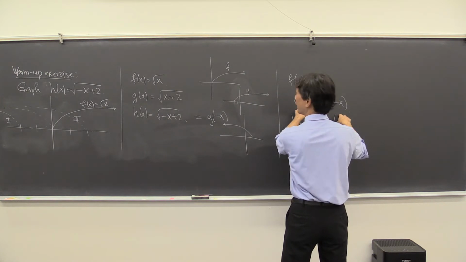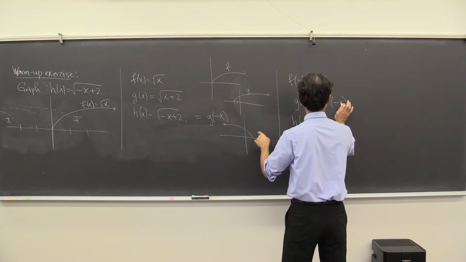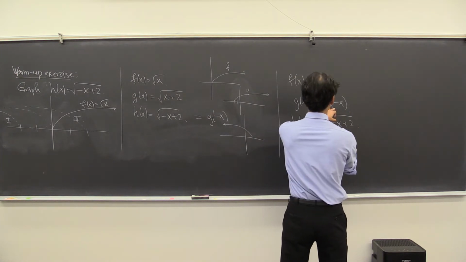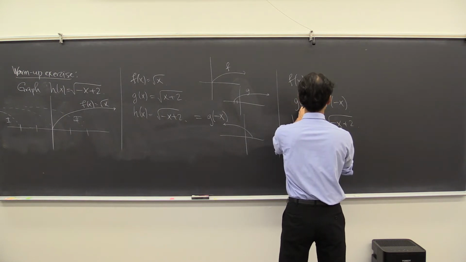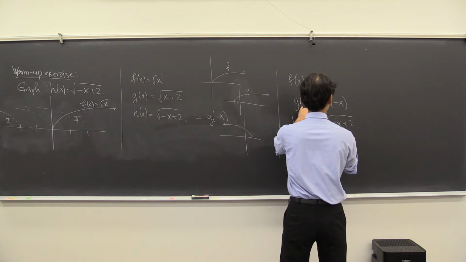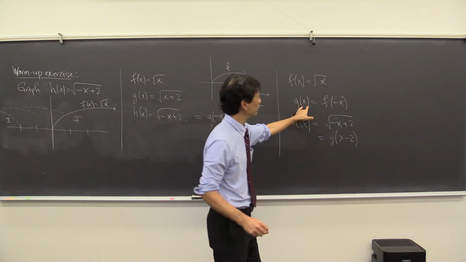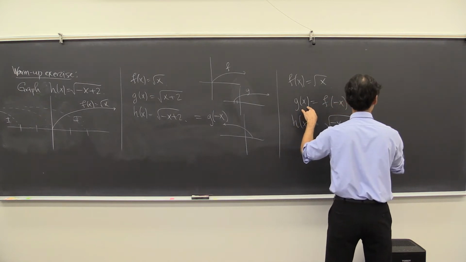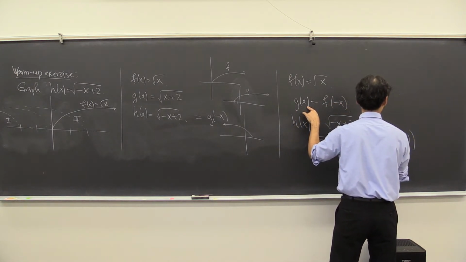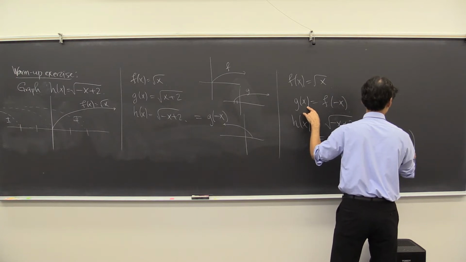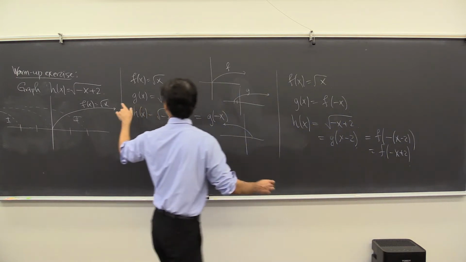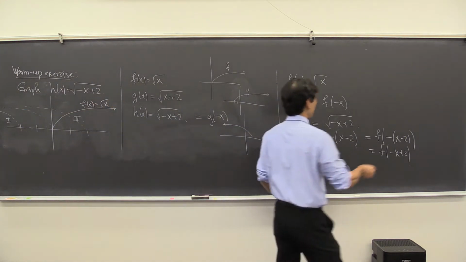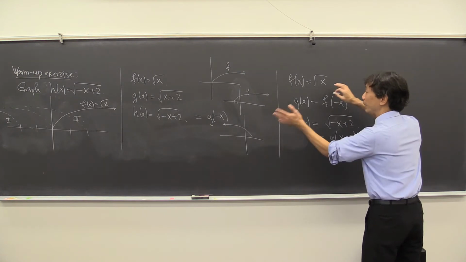I want to get the square root of negative x plus 2. So this is going to be g of x minus 2, because g of x minus 2 is f of negative x minus 2, which is f of negative x plus 2. So that's right. Okay. So in that case, maybe you want this.